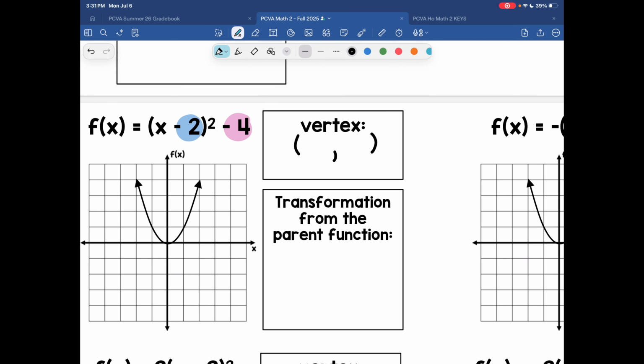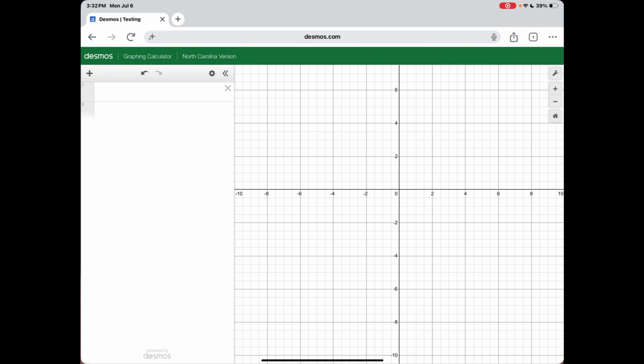Now, the H value right here is a minus negative 2, or minus 2, so we do the opposite of that. That's going to become positive 2. My K is at negative 4, so that's going to stay at negative 4. And then my A value is a 1, so it's not going to make it look narrower or skinnier. And it's also not negative, so it's not going to be a reflection.